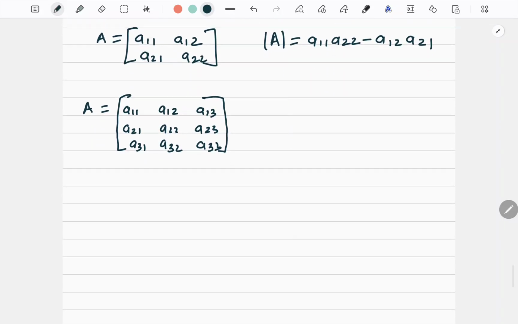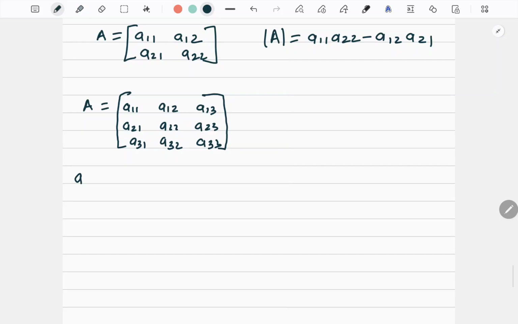As I explained, this is the standard format to write the matrix. Now for the determinant, it is a11 into the determinant of a22, a23, a32, a33. When I write a11, you hide the row and column corresponding to a11. Whatever is visible, that determinant, is the idea of minor.